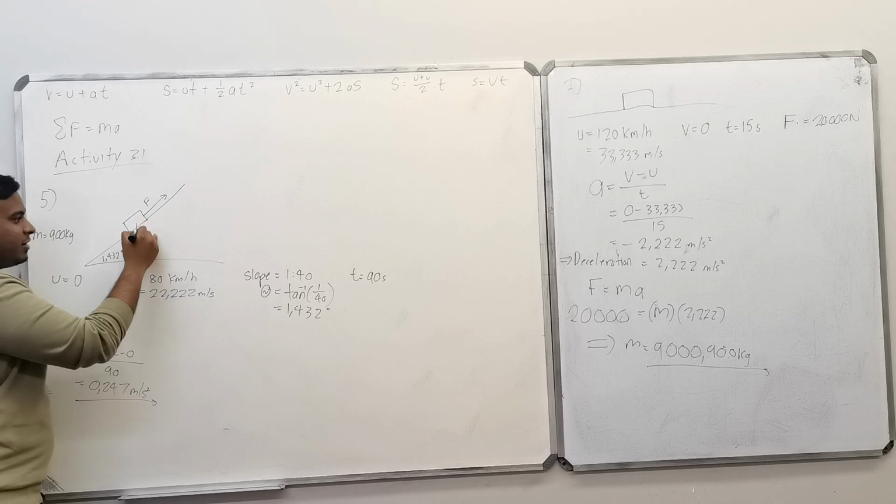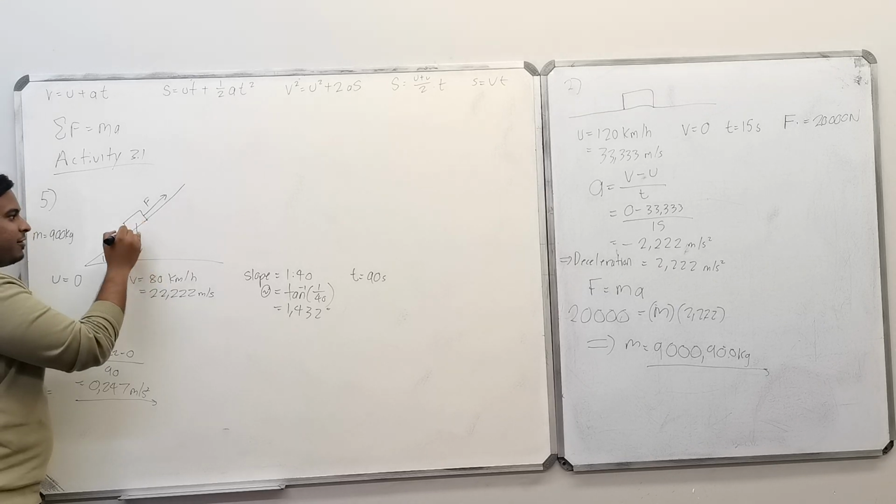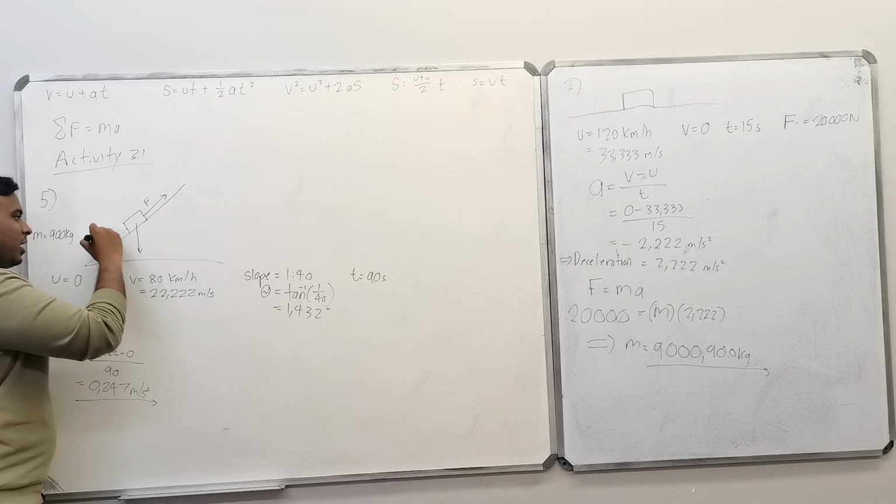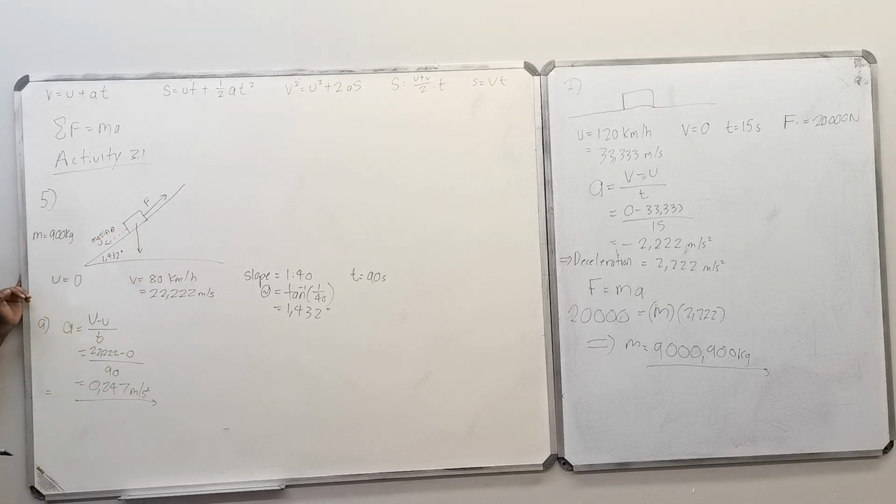So remember, gravity is acting down. This gravity will be broken up into its component. How would you work out this component? mg sine of the angle. So that's what's acting against it. They never tell you that there's any other friction acting on it. It's just this moving it up.